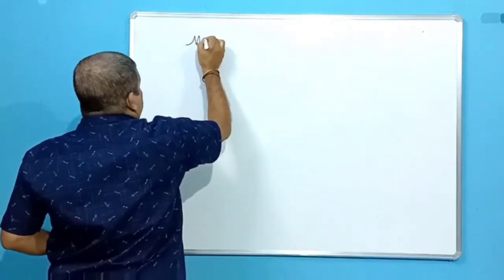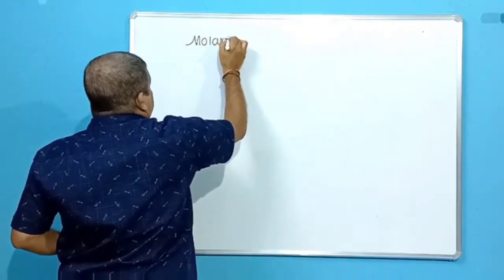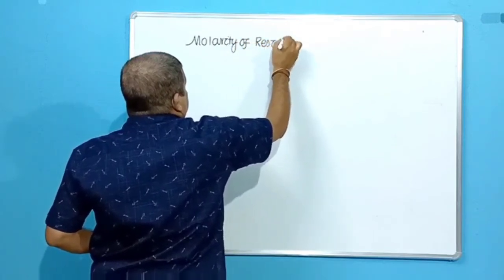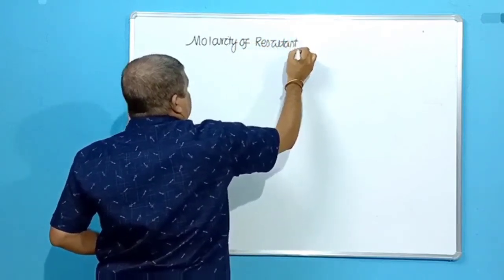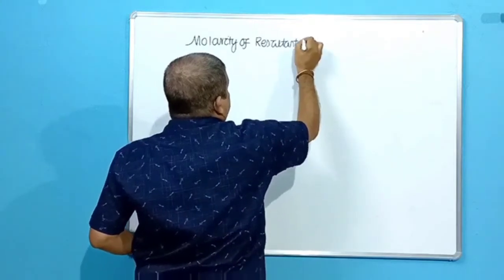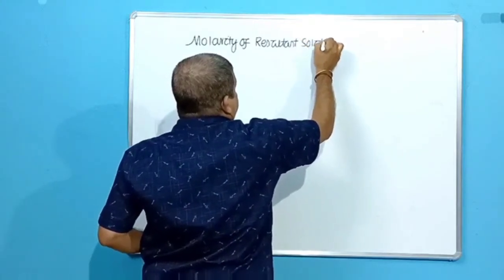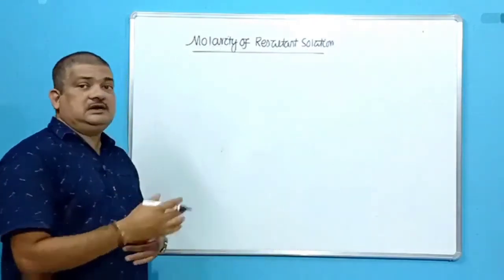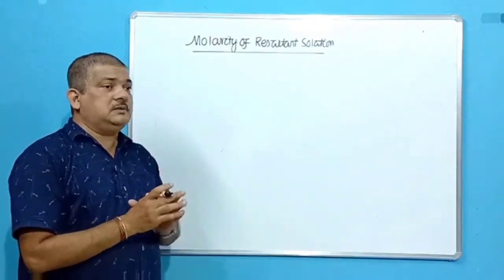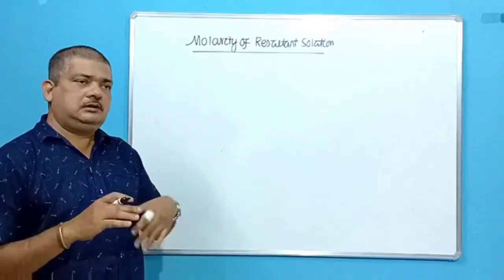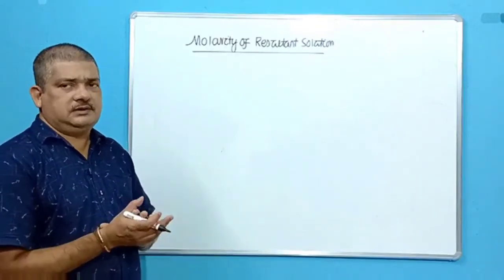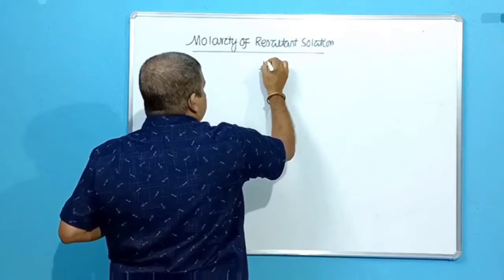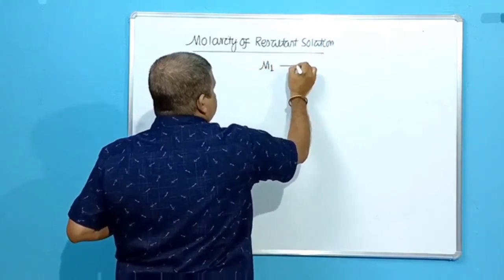Next we will discuss molarity of the resultant solution. Resultant means final solution. Suppose you are mixing, let us say, 2, 3 or 4 solutions, it does not matter, the formula will be the same. Suppose we are mixing three different solutions.